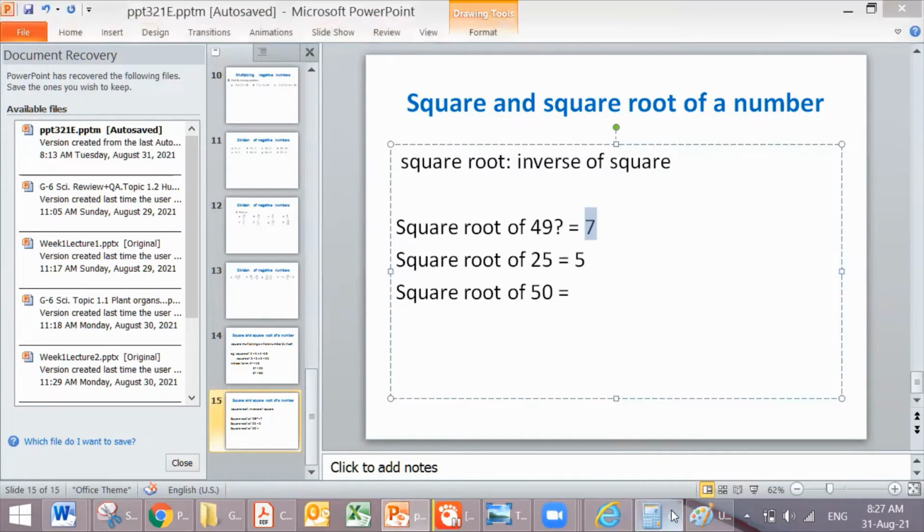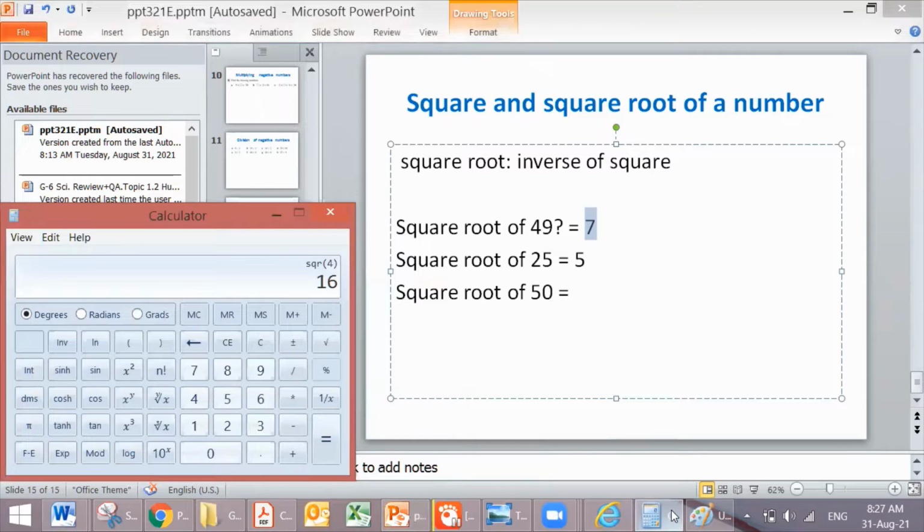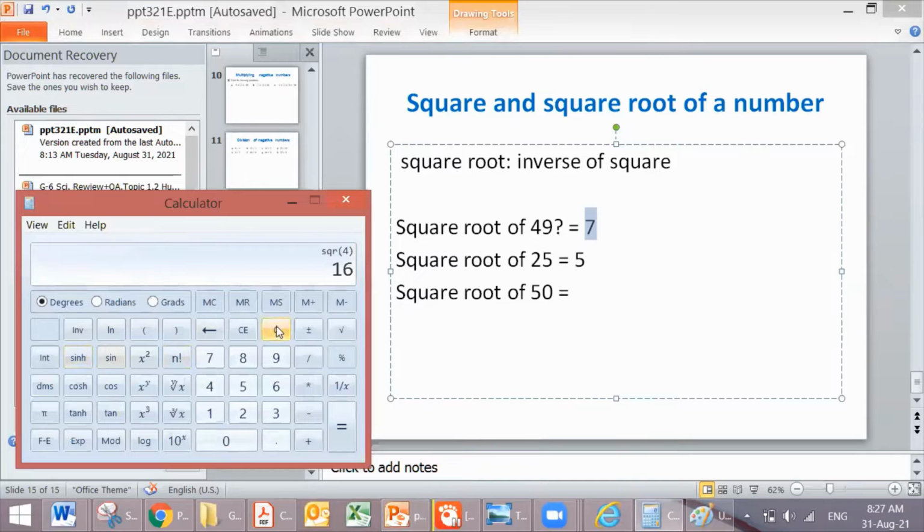So if I want to find the square root of 50, I will have to use the calculator. You must purchase a calculator this time also. This scientific calculator is better. I have opened my calculator from my laptop. To find the square root of 50, I will type 50, and then the square root sign.